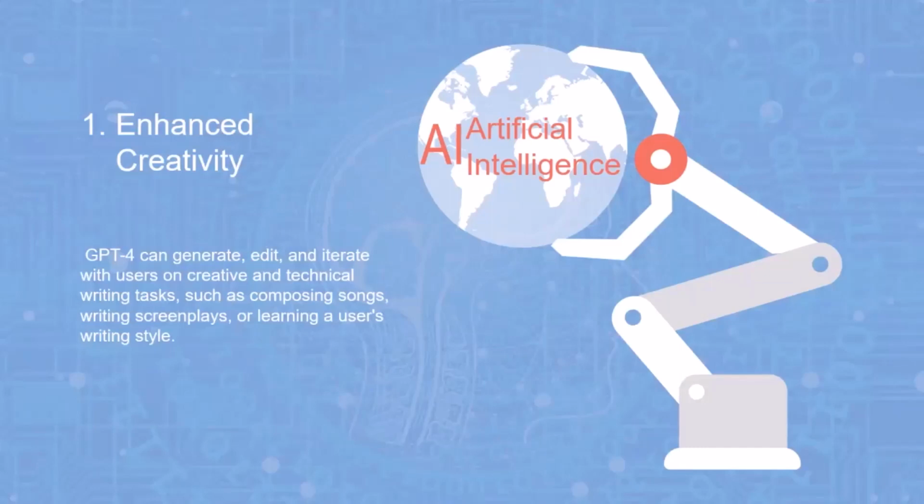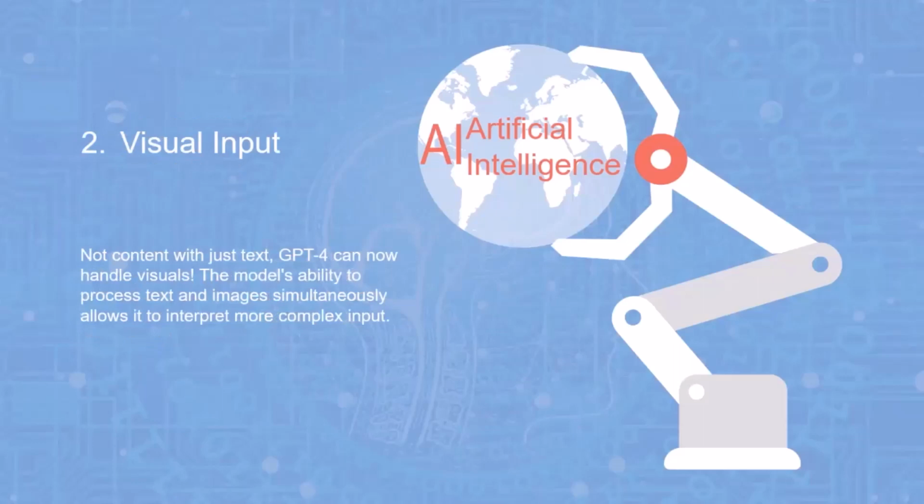Enhanced creativity. GPT-4 can generate, edit, and iterate with users on creative and technical writing tasks, such as composing songs, writing screenplays, or learning a user's writing style. Visual input. Not content with just text, GPT-4 can now handle visuals.